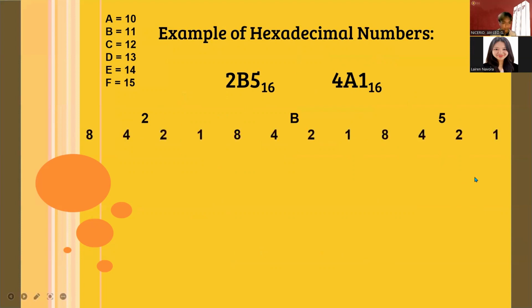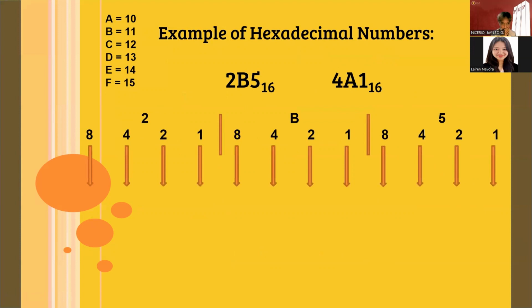First, we need to convert each number into a 4-digit binary number. So in order to get 2, we need 2 here. So this will be 1. And in order to get B, the B is equivalent to 11. So 8 plus 2 plus 1 is equivalent to 11. And number 4, we didn't choose. So this will be 0. And in order to get 5, we need 4 and 1.